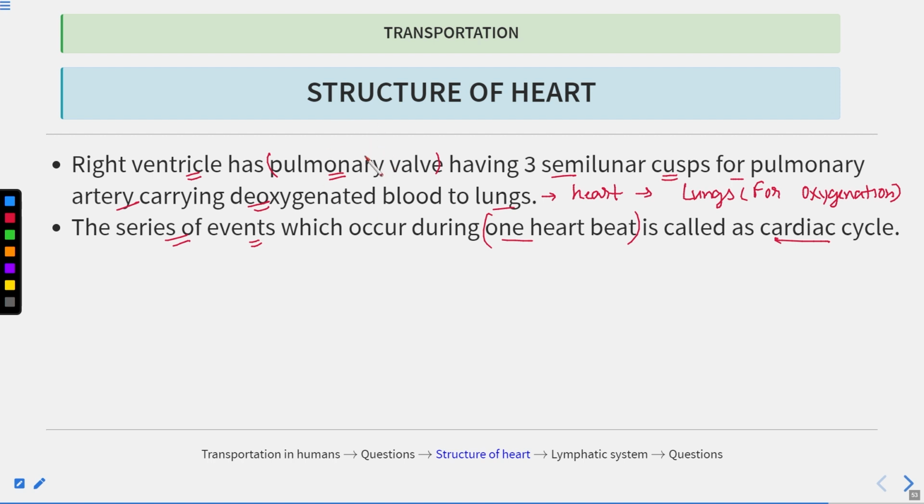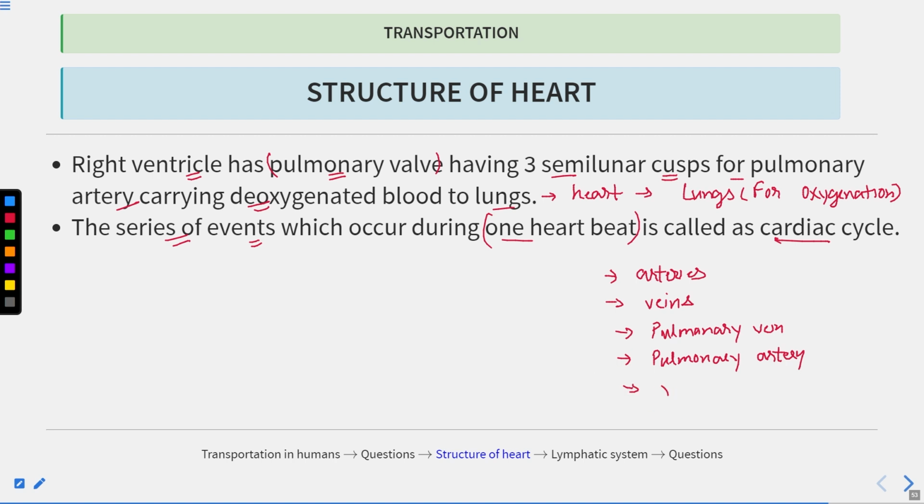What you have to remember in the structure of the heart: you should remember about all the arteries. Then you should remember about the veins. Then you should also remember about the pulmonary vein, and the pulmonary artery, and where it enters and where it exits, and what type of blood they carry.